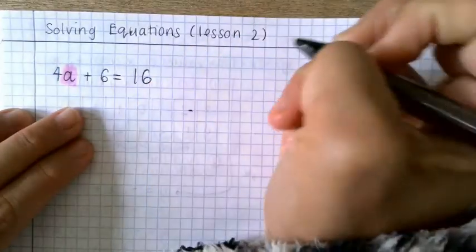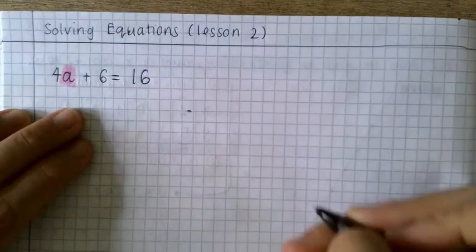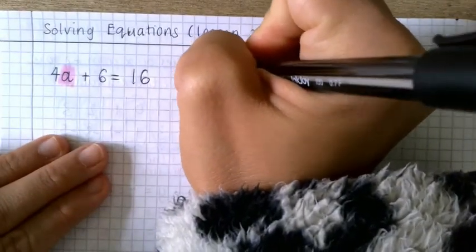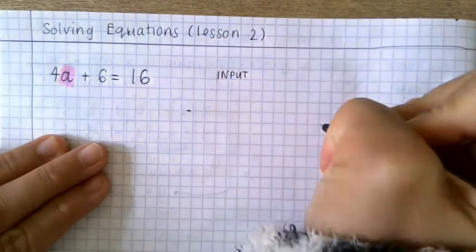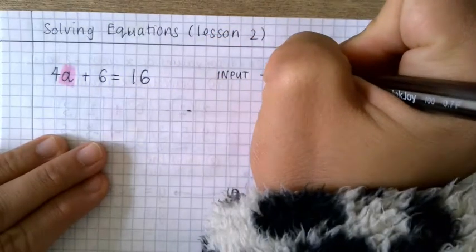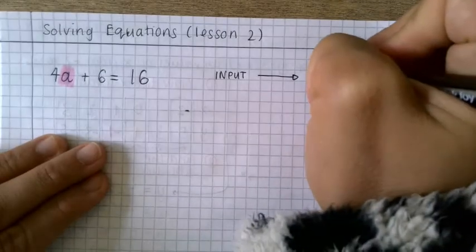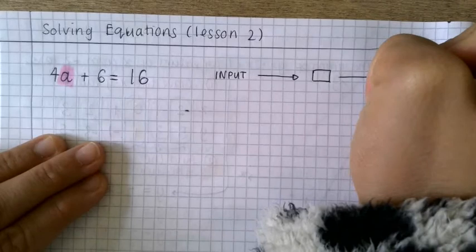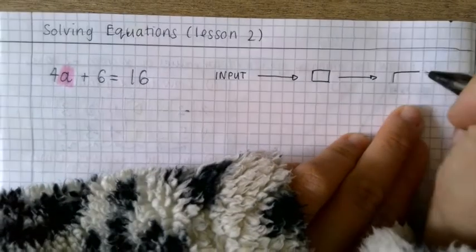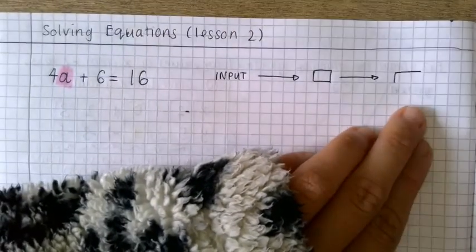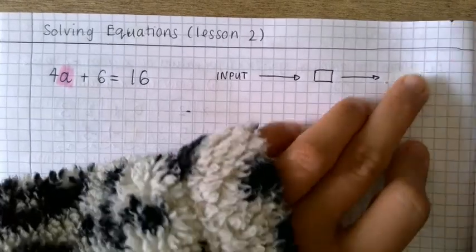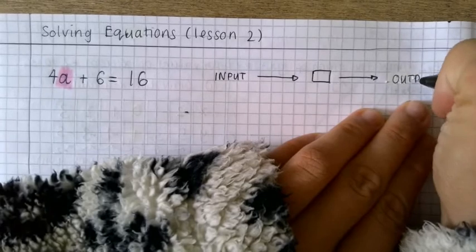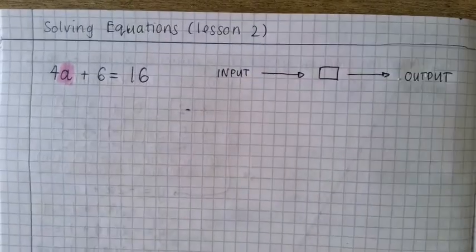Remember, you would have an input, then you might do something, get another number, do something else, and get your output. You can have really complicated number machines with more than two things happening, but we're just going to stick to two things for this one.